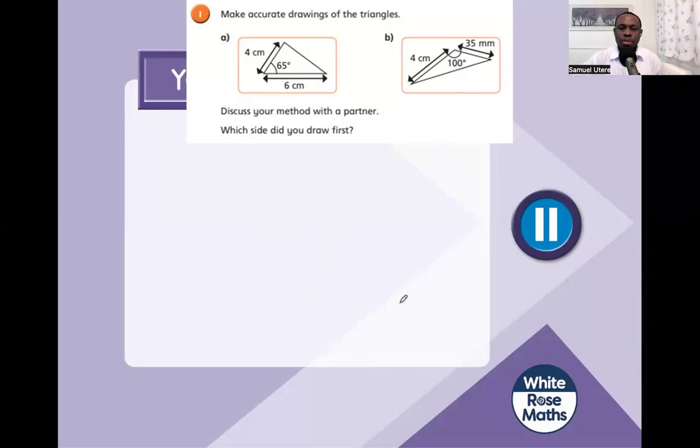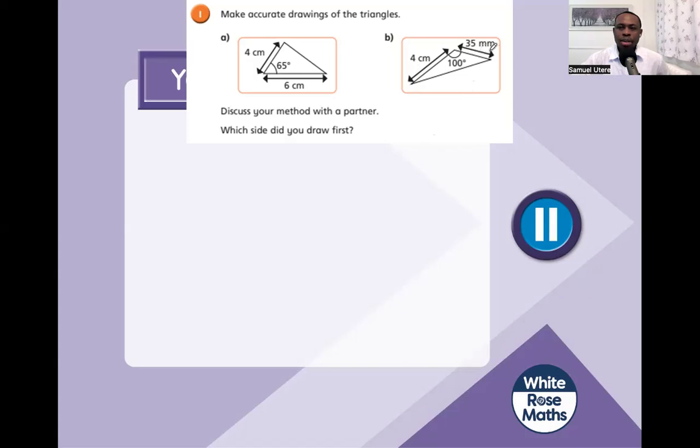We want to draw 4 centimeters by 35 millimeters and 100 degrees. But before I head back, we have to convert 35 millimeters to centimeters. We have to use the same units. This is centimeter and this is millimeter.